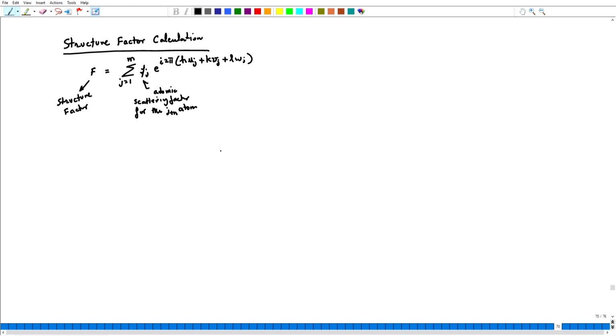H, K and L are the planes from which X-rays are being reflected, and Uj, Vj, Wj is the position vector of the jth atom.